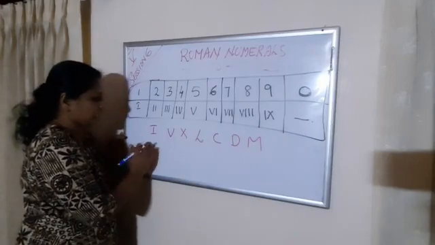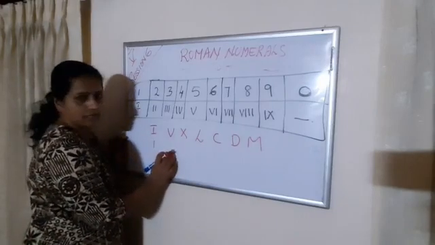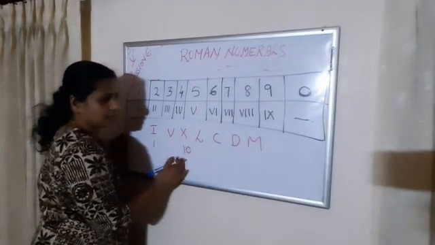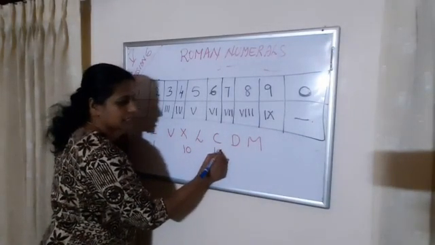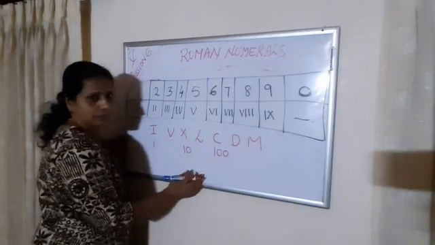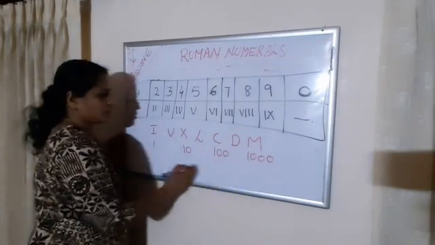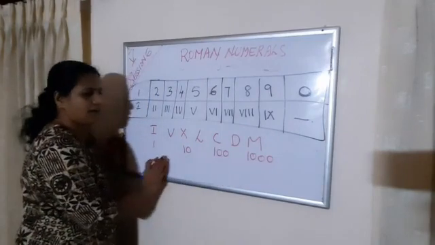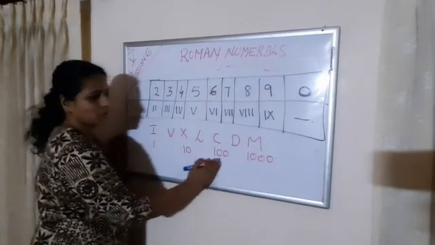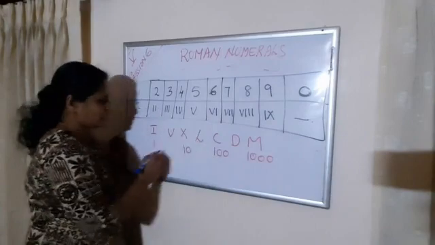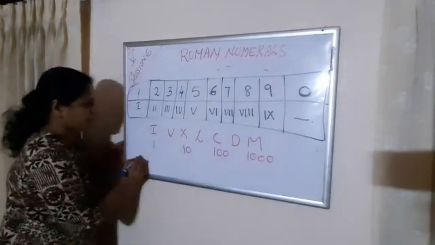What is I? I is 1, then X is 10, and C means century, 100, and M is 1000. So they are all friends, no? 1, then 1 into 10 is 10, 10 into 10 is 100, 100 into 10 is 1000. So we can take them together.